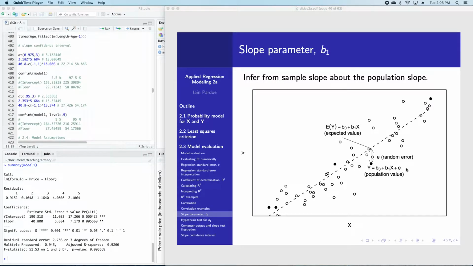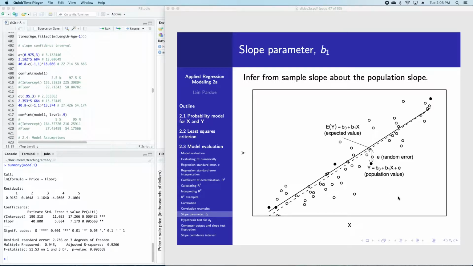So I'm imagining now that I am taking a random sample of 5 from this population. These are the filled in points here. Then I'm estimating a simple linear regression model and using that to produce this regression line here, which is the solid line.